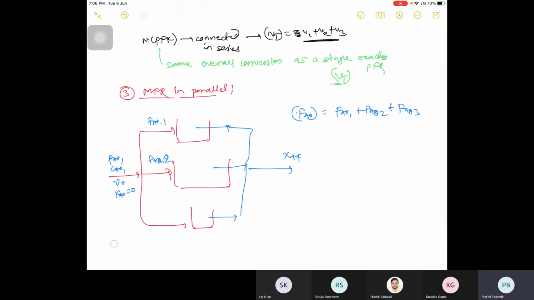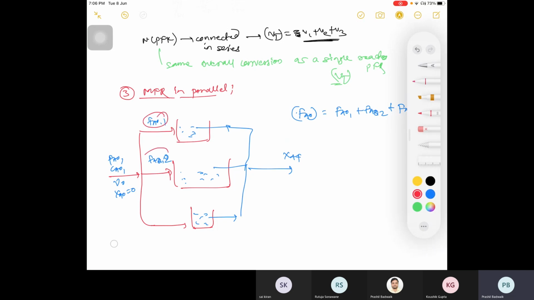Now tell me, these three reactors are of different volume, but if I am adjusting the flow rate such that I get the same residence time in each reactor, suppose I keep 3 hours here and 3 hours here, and accordingly I adjust this flow rate.